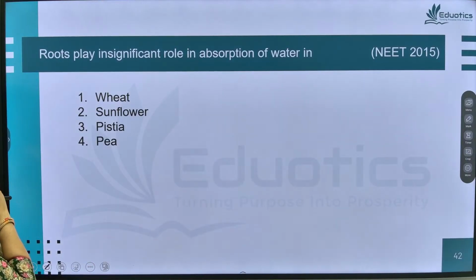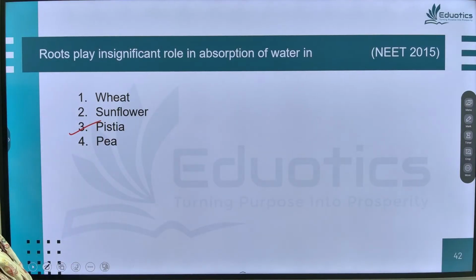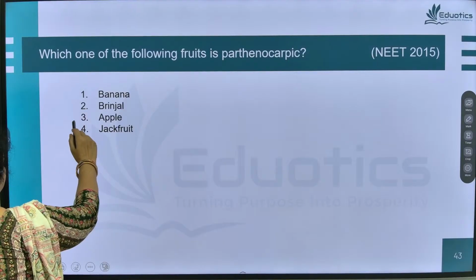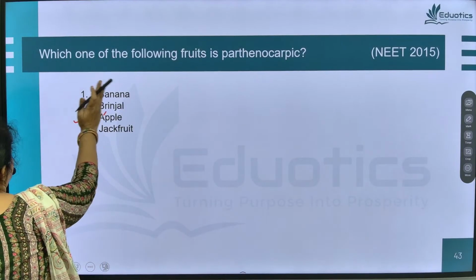Roots play an insignificant role in the absorption of water in pistia. Pistia is an aquatic plant, so there is an insignificant role of roots in absorption of water. Which of the following fruits is parthenocarpic? Apple? Sorry, it is a false fruit.